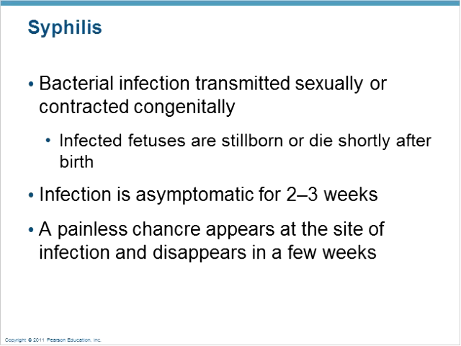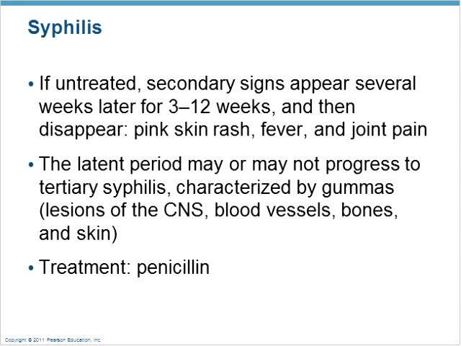Syphilis is caused by the bacteria Treponema pallidum. It's a bacterial infection transmitted sexually or contracted congenitally from mother to baby. Infected fetuses are stillborn or die shortly after birth. Infection is asymptomatic for about 2 to 3 weeks. A painless chancre, which is a kind of lesion, appears at the site of infection and then disappears in about 2 weeks.